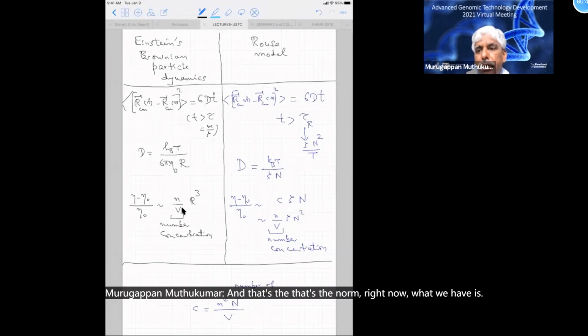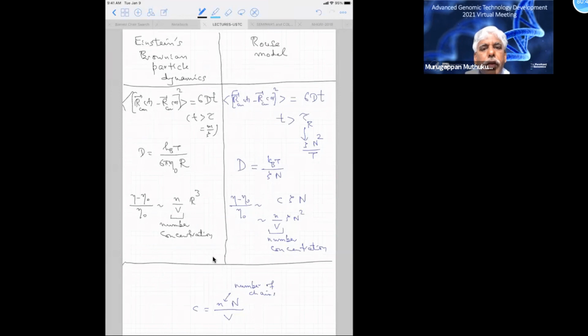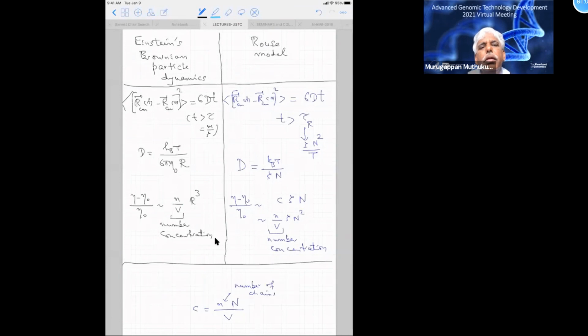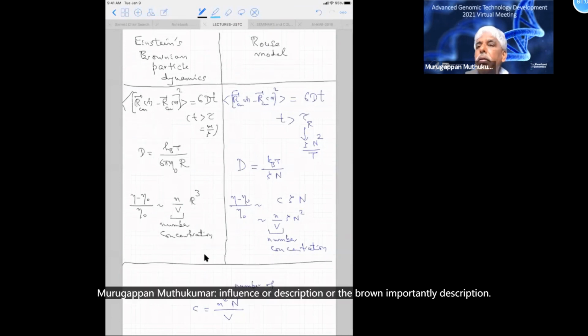And that's the norm. Now what we have is a similar situation, but we have a model for polymer chains, and the predictions of this Rouse model are not consistent with the predictions that we would get from Einstein's description or a Brownian particle description.